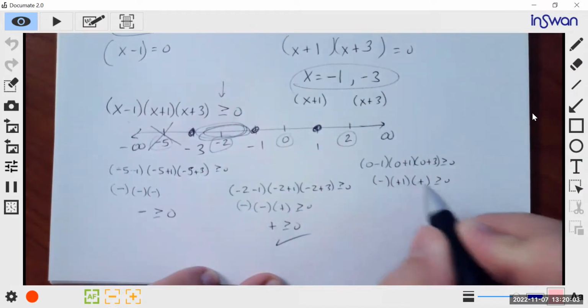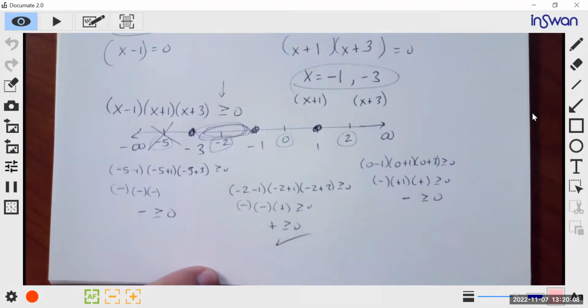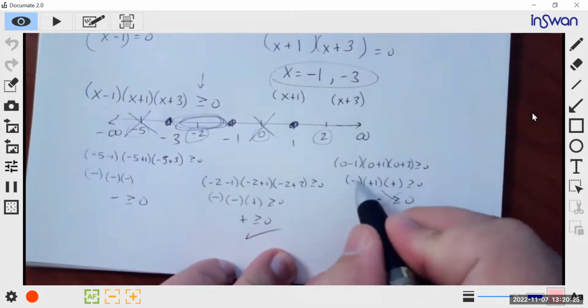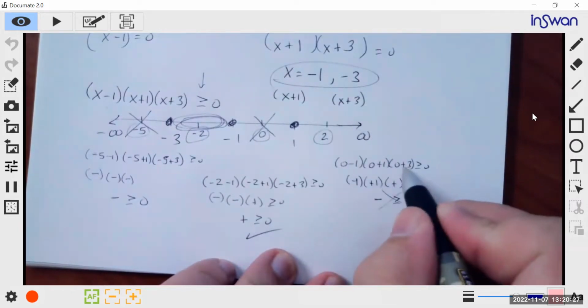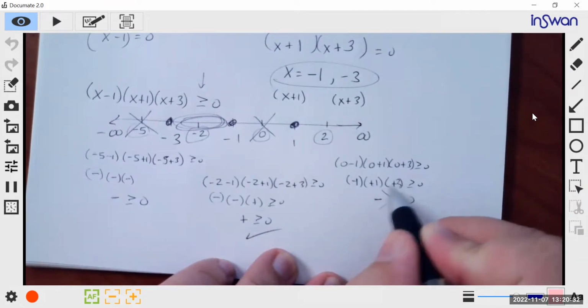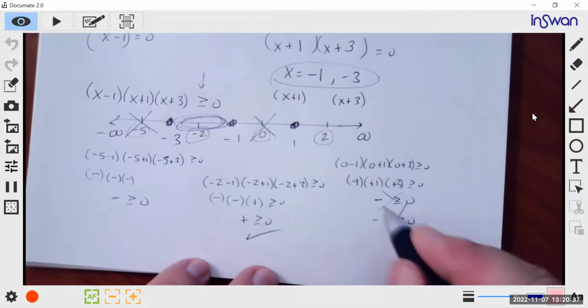Negative and positive is negative, and positive is negative. So negative is not greater than 0, so I can't use 0. Okay, do you want me to use numbers instead of just signs? Would that be easier for you? Or are you okay with this? So I could use 0 minus 1 is -1, 0 plus 1 is 1. So -1 times 1 is -1. -1 times 3 is -3. Is -3 greater than 0? No, so that doesn't work.